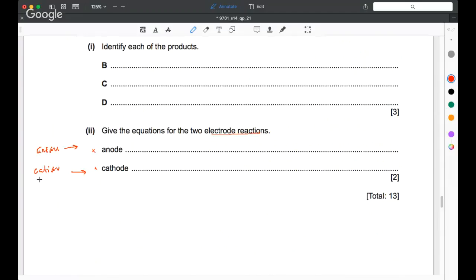If you can't remember your anions and cations, well, there's some things to help you. You could say that a cation, the letter T in there, you see that, is like a positive charge. So that the cation is positive because the word cation has a T in it, which looks like a positive charge. So cations are positive.